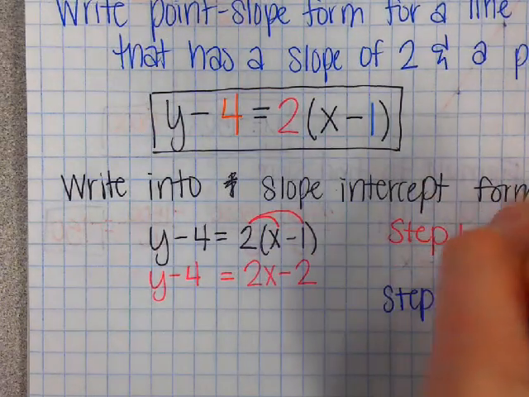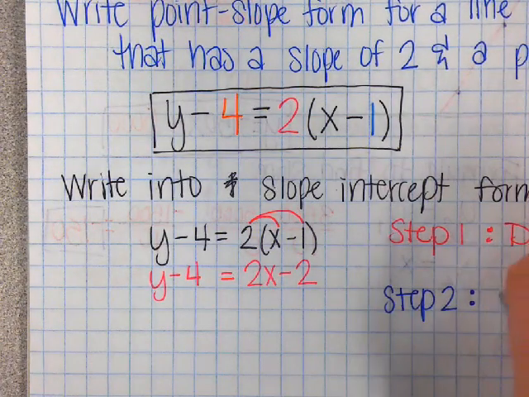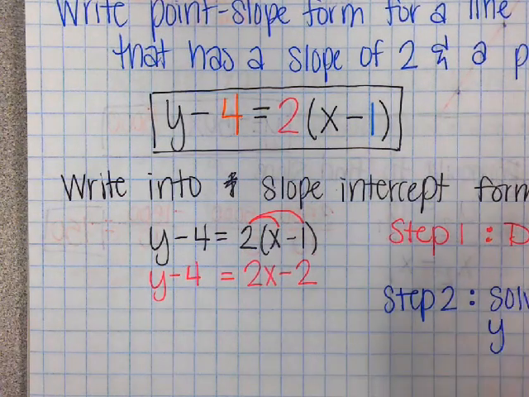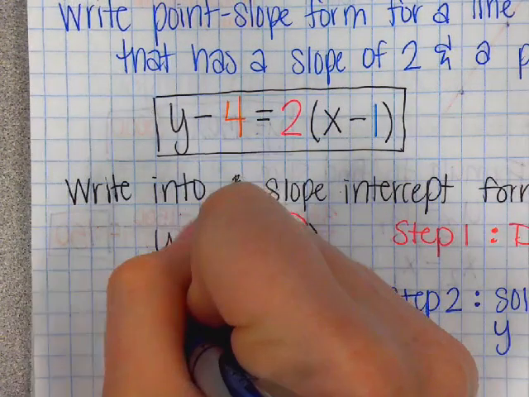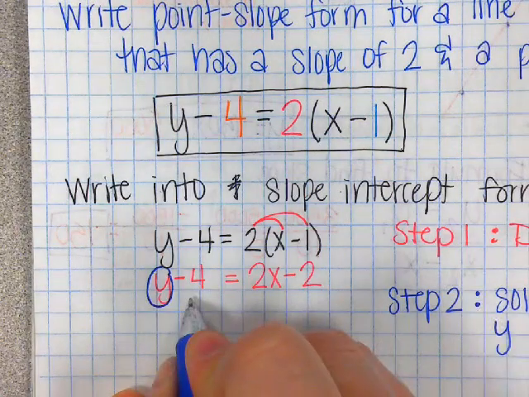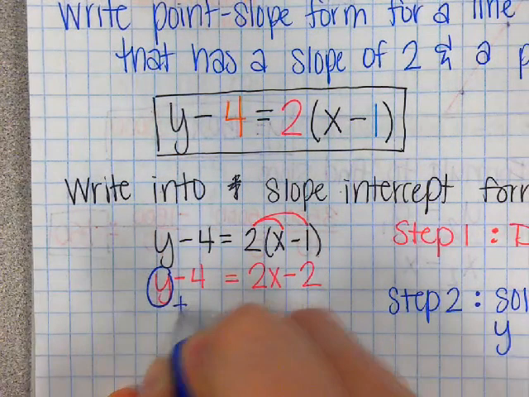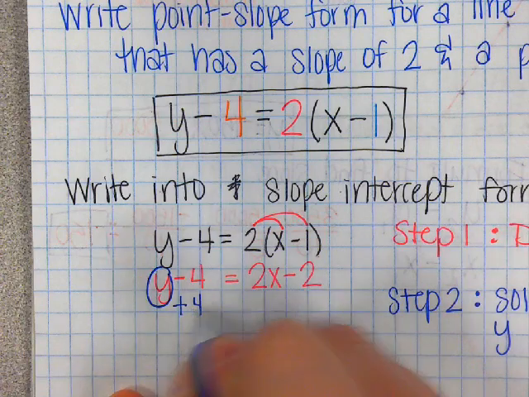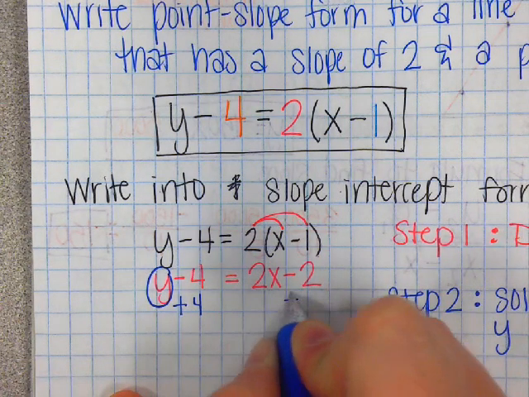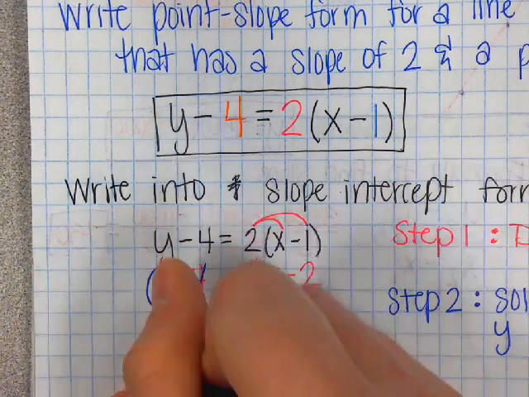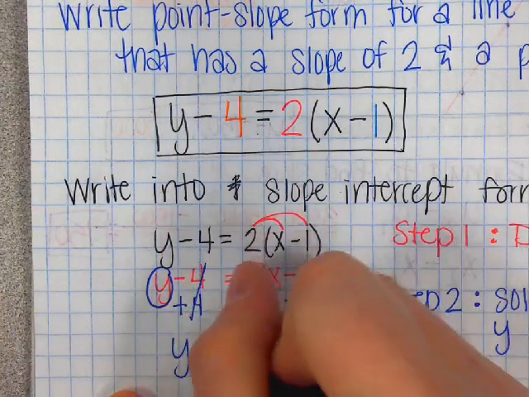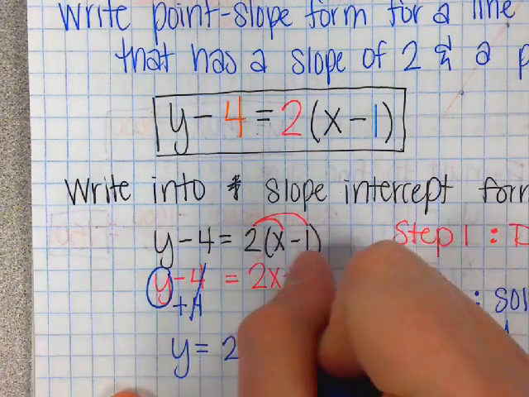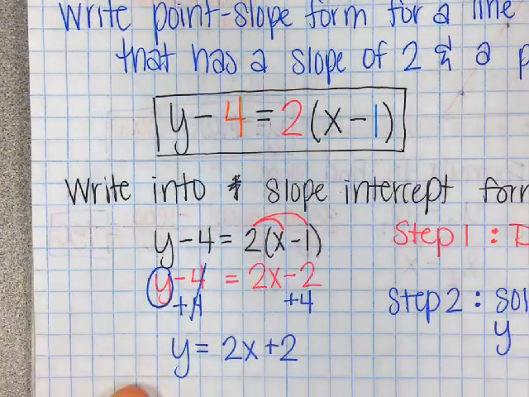Then the next step is solve for y. If I'm solving for y, what's the opposite of subtract 4? Add 4. Now I can't add it to the 2x because the 4 doesn't have an x, so I'm going to add it to the negative 2. So it'd be y equals 2x. Negative 2 plus 4 is just 2.